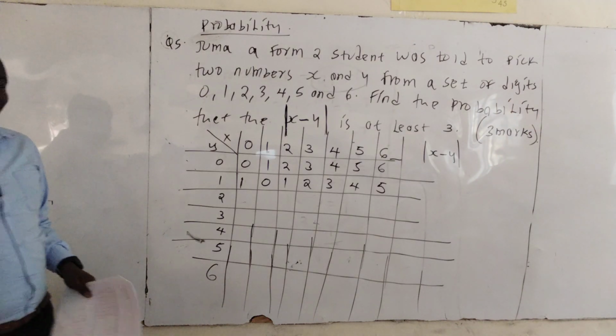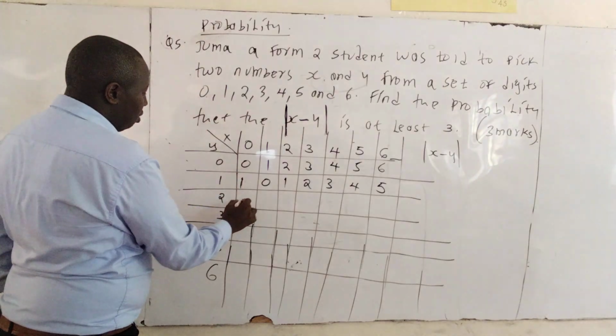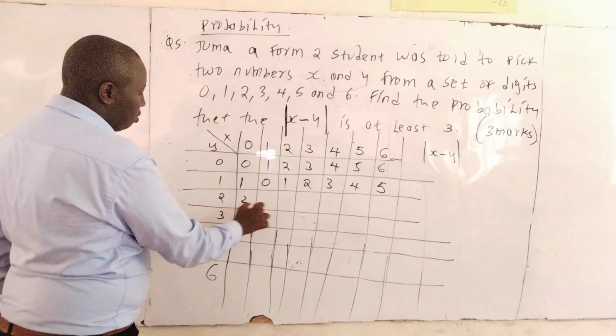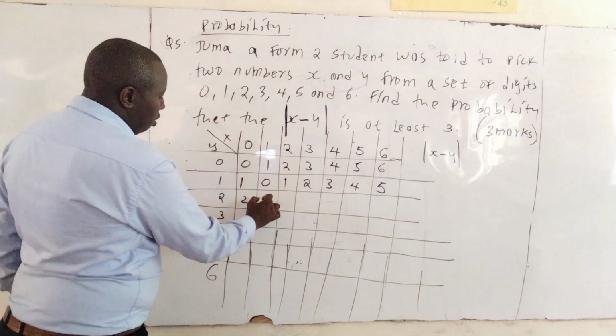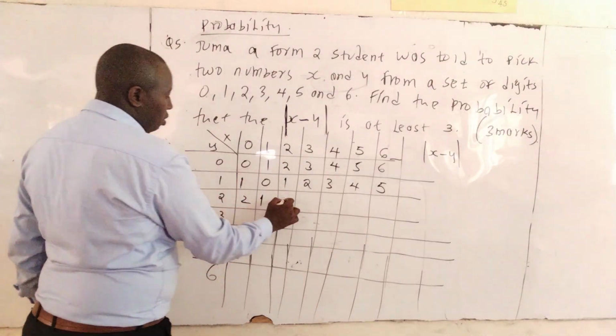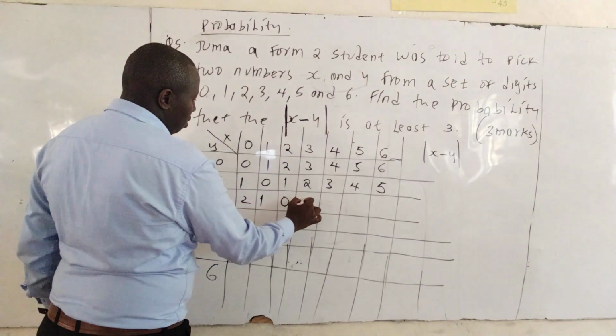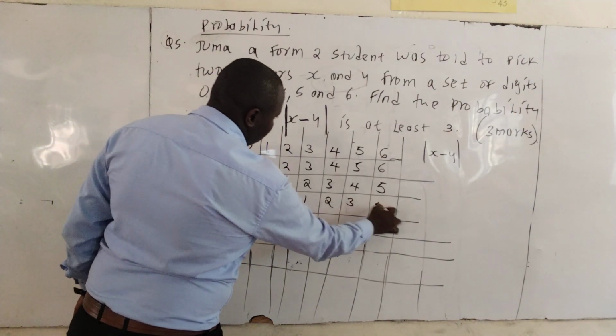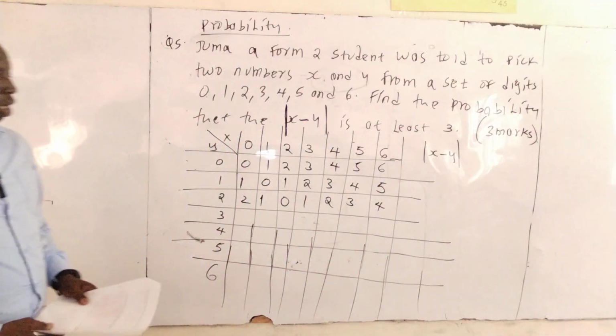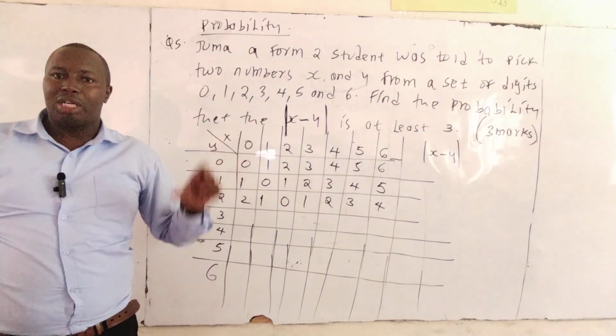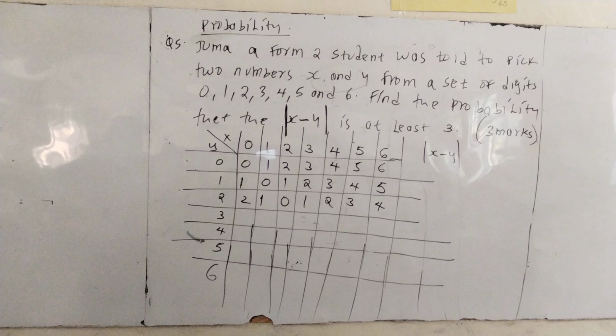Next, 0 minus 2, you write 2. 1 minus 2, you write 1. 2 minus 2, 0, 1, 2, 3, 4. You can see, because these digits are consecutive, meaning they follow each other, when you subtract them they form a pattern.